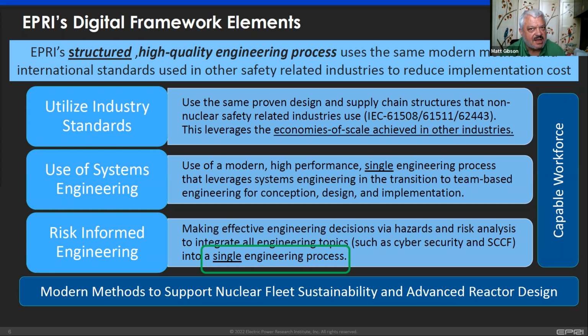As you'll see in another slide, we use IEC, ISO, IEEE 15288 and 289 and 12207 to round out the systems engineering, which you'll see next, the systems engineering framework.